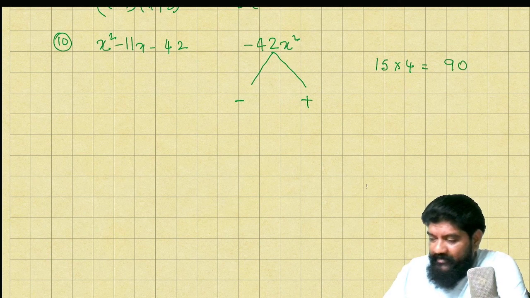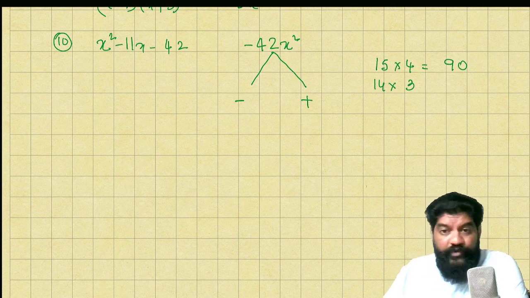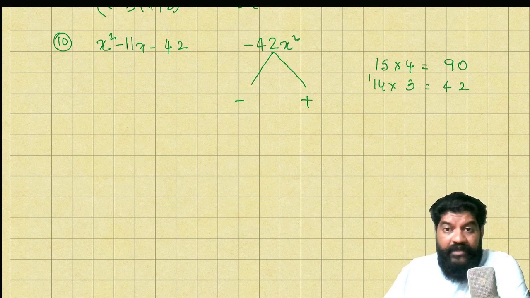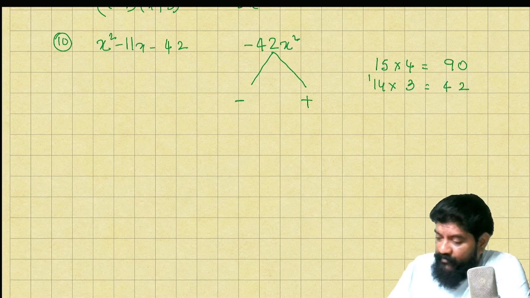This is too big. I don't need that. What will I do? Let's go with, let's say, 14 into 3. 14 into 3, because 14 minus 3 is 11, so that's going to work for me. Let's see, 14 into 3 is 42. That works for me. So let's go with 14x and 3x.